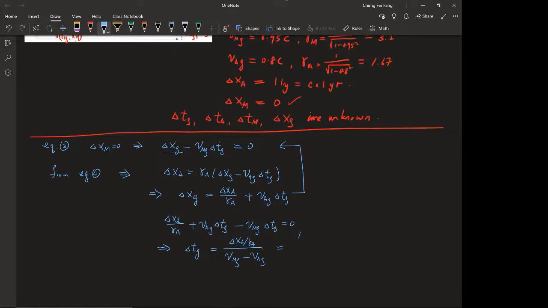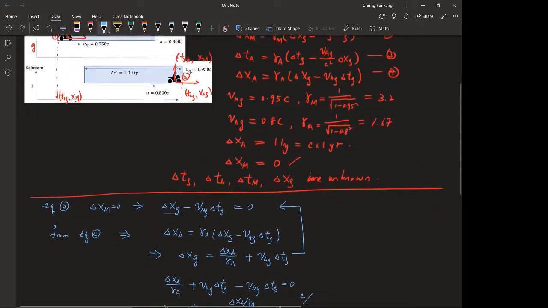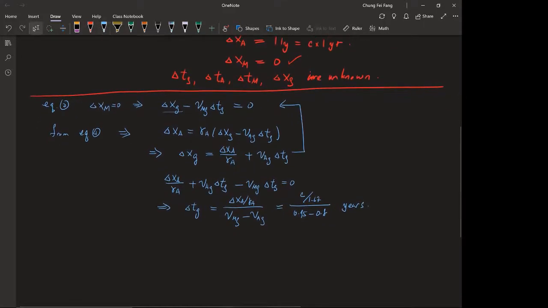This is 1 light year, which means c, divided by gamma a. Just now, what is gamma a? Well, gamma a is 1.67. This is 0.95 minus 0.8. This is in unit of year. Okay, 4 years. Your answer is 4 years.